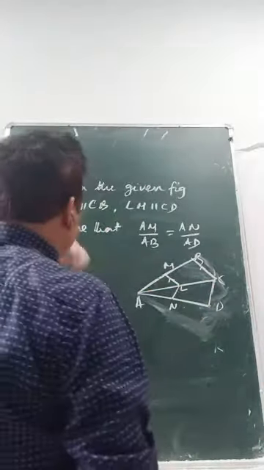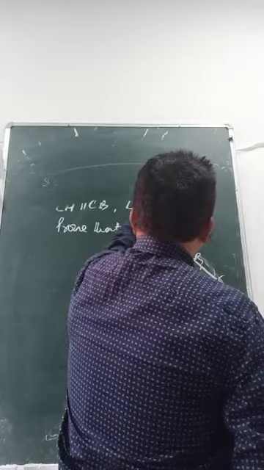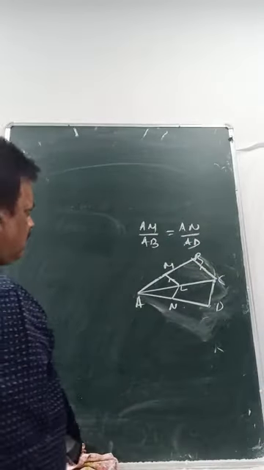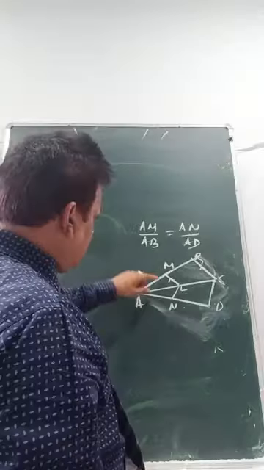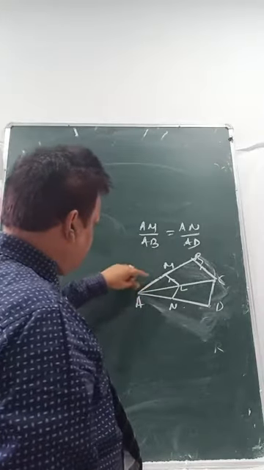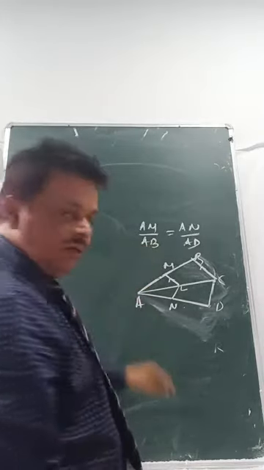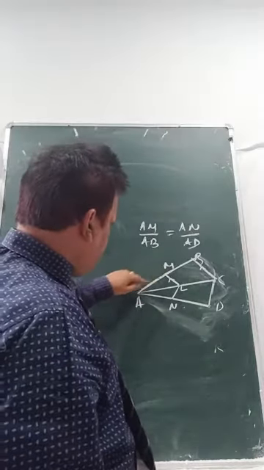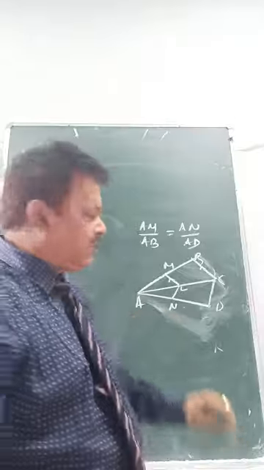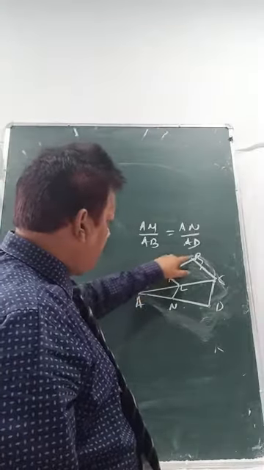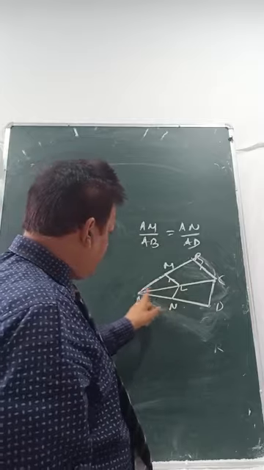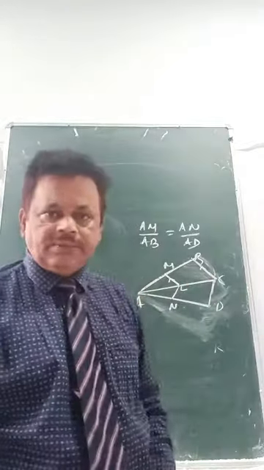So write down. One theorem is already proved, that AM by AB also you can write. Look at here. AM by AB. Then this side also the same. AL by AC you have to write.